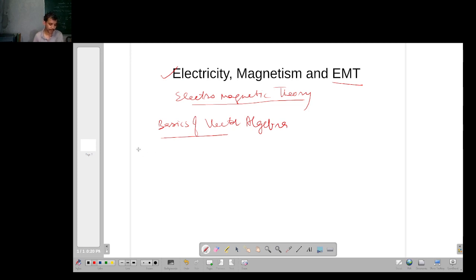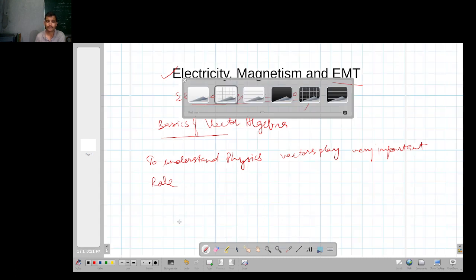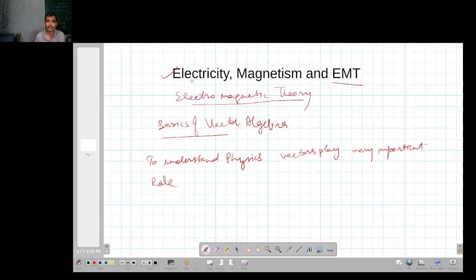So to understand physics, vectors play a very important role in various branches of physics.